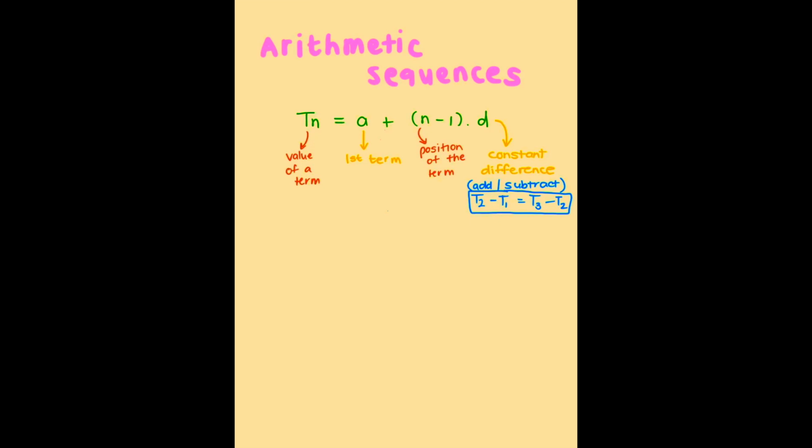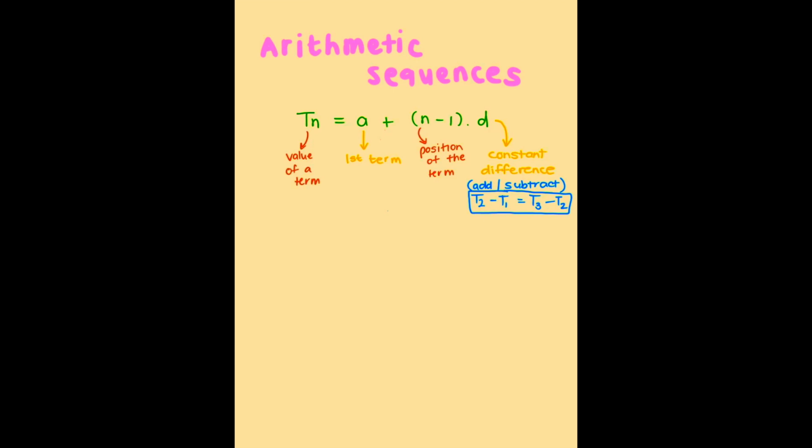So here's my general term, or nth term, for an arithmetic sequence, where Tn represents the value of a term, A is the first term, n is the position of the term, and d stands for the constant difference. The way I figure out d, where I'm adding or subtracting the exact same amount each time, is this nifty little trick over here: term 2 minus term 1 is equal to term 3 minus term 2.